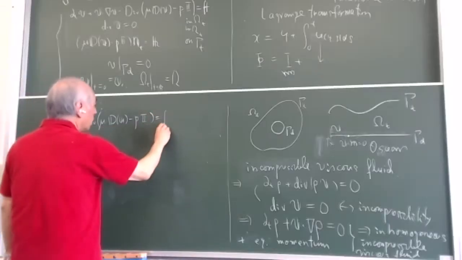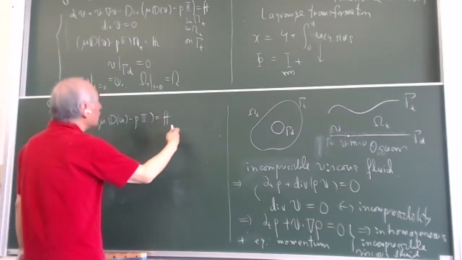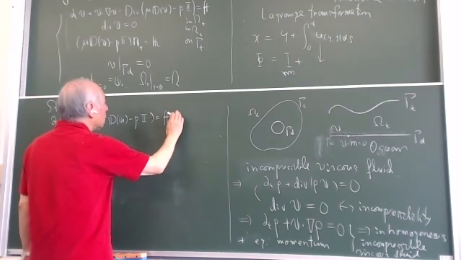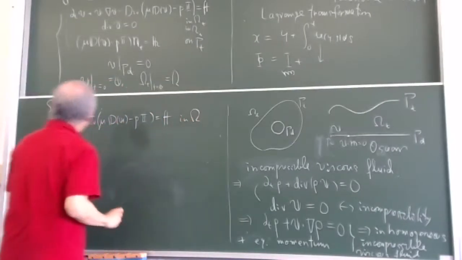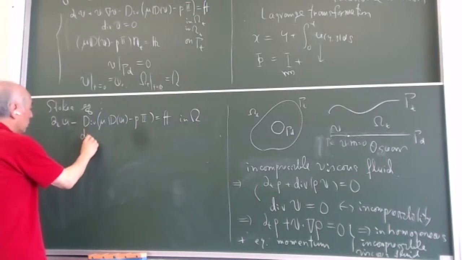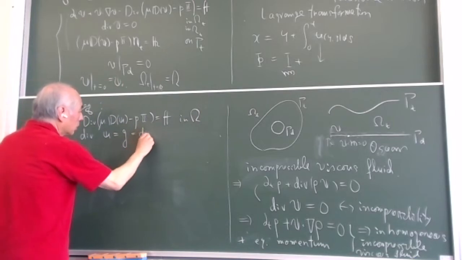Is equal to f. And in here, f is all the nonlinear term and also external forces and so on. So maybe a different f here. In Omega, the divergence u equals the divergence g.